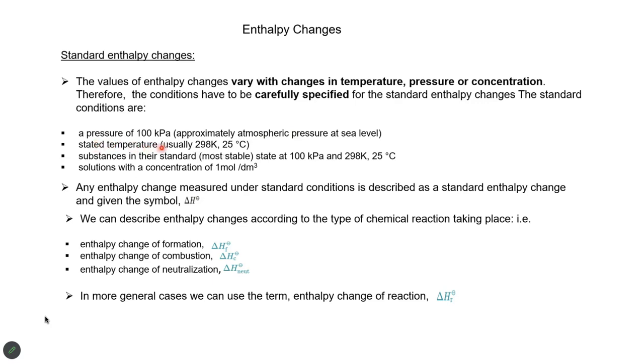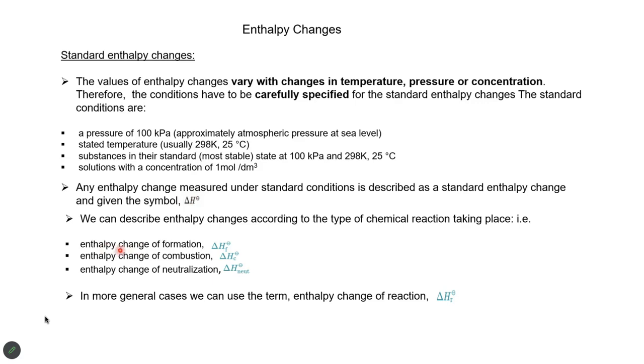The temperature is 25 degrees Celsius, that means 298 K. Substances are in their standard state, the most stable state, at 100 kilopascals and 298 Kelvin. If it is a solution, the concentration is 1 mole per dm cubed.